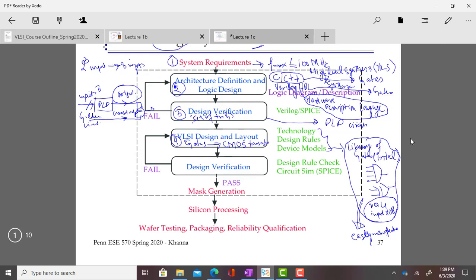So every semiconductor manufacturer has this kind of library, and this library is according to the fabs. Fabs are the industries that physically manufacture the chip. So this library is according to the fab's requirements.